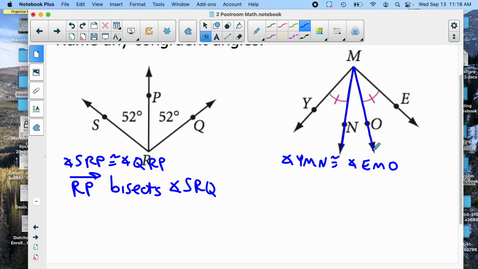If I take its measure and combine it with the angle on the left and combine it with the angle on the right, I get two other congruent measures. I'm adding this blue angle to the other pair of angles. So I'm going to say that angle YMO is congruent to angle EMN. So that's some stuff on angle measures.